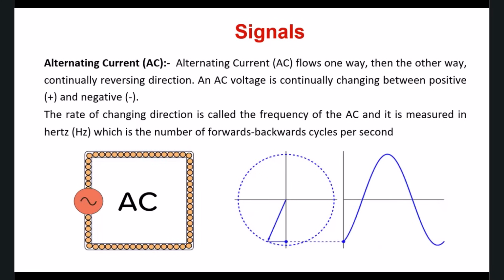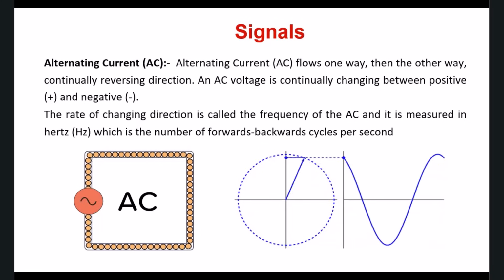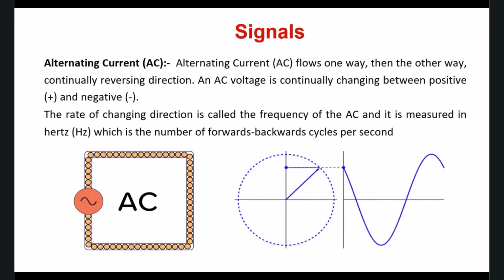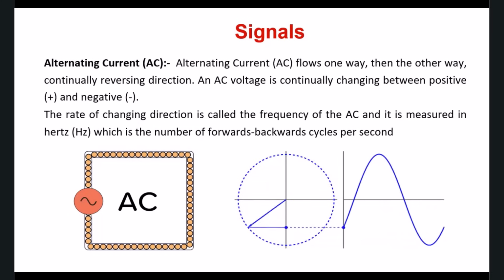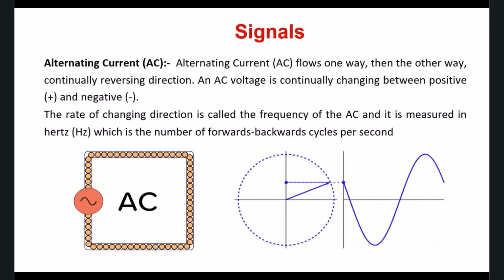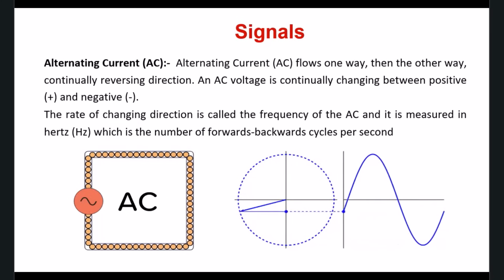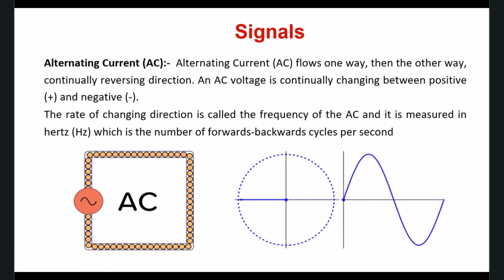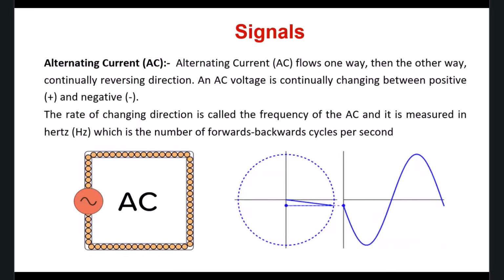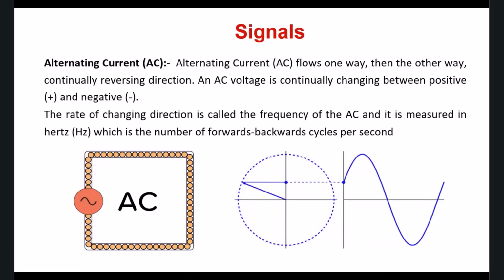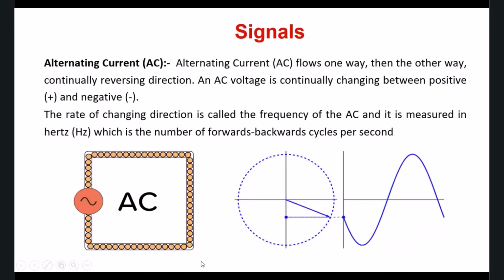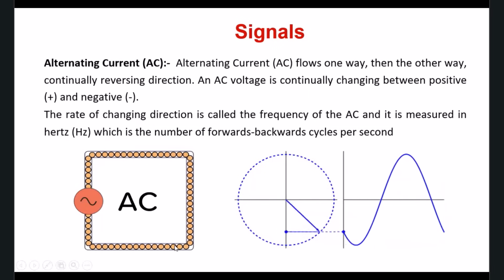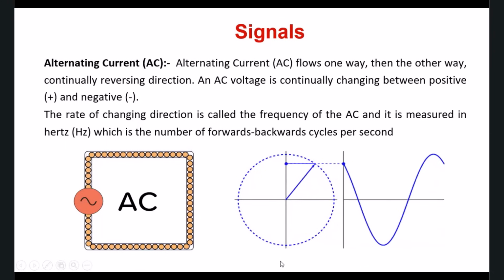Here, for some particular time instance, the current is flowing clockwise, and then after a certain time, the current is flowing anti-clockwise. If you see the second diagram, which explains the formation of the signal for alternating current, you can see here the current is flowing in both the directions.